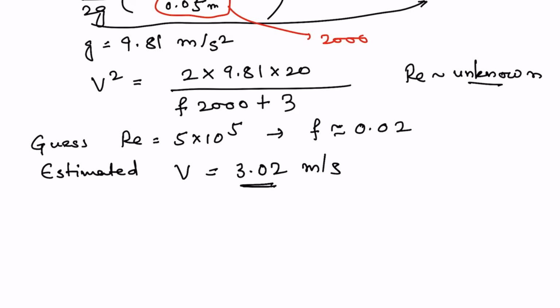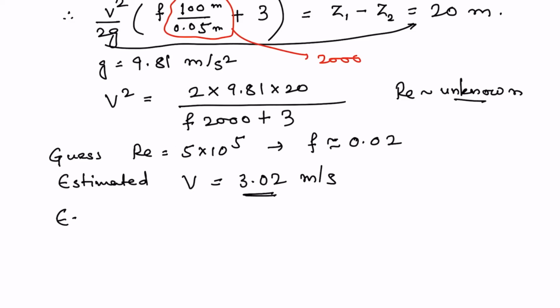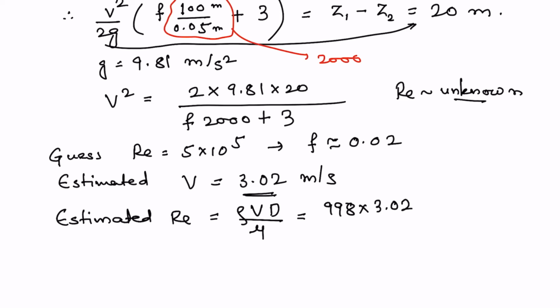And now if you calculate the Reynolds number, it comes out to be rho V D by mu. So if you substitute all the values, 998, 3.02, times D is 0.05, mu is 0.001.